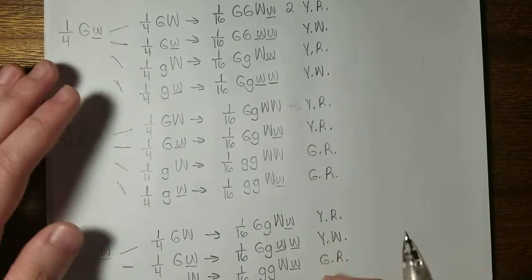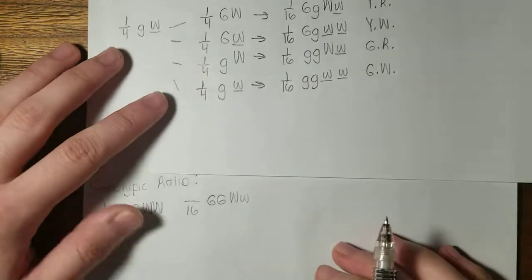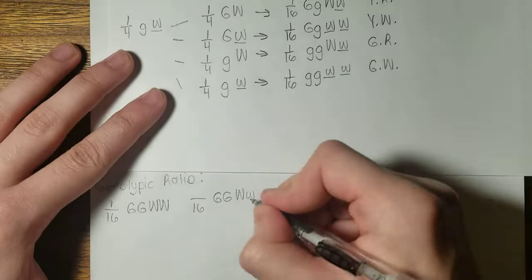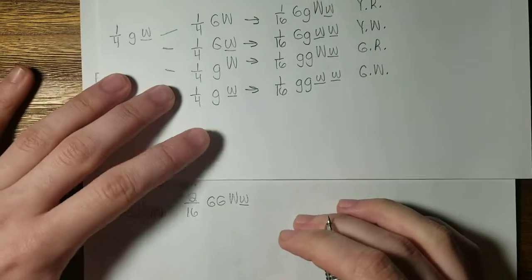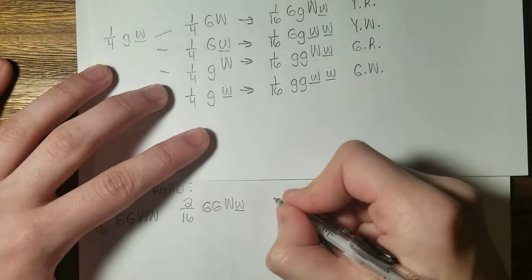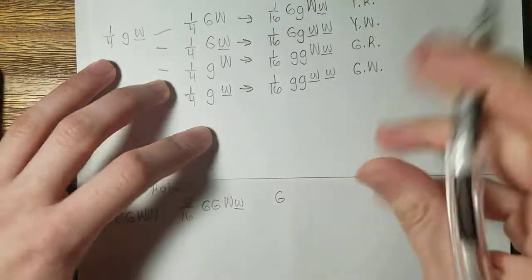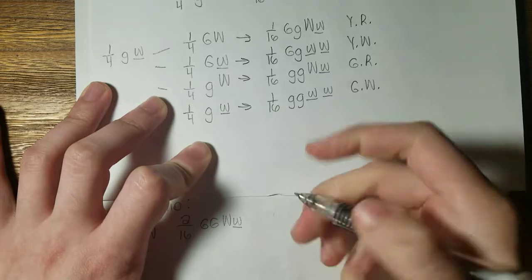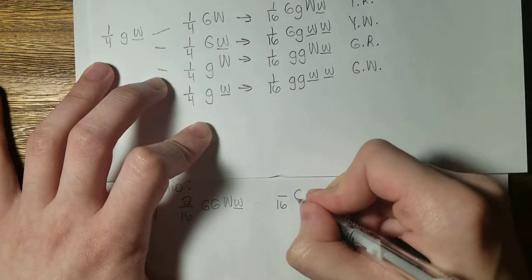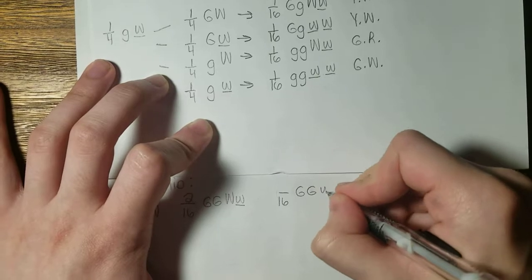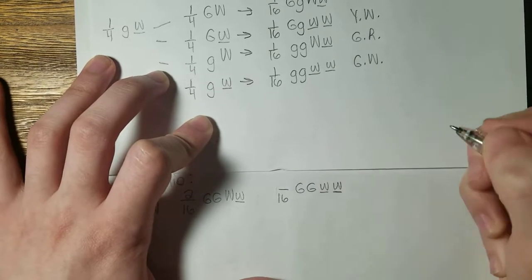And that's the only one that we have. So we have 2 big G, big W, little W. 2 right here. Now the next one we're going to count is big G, little W, little W's.